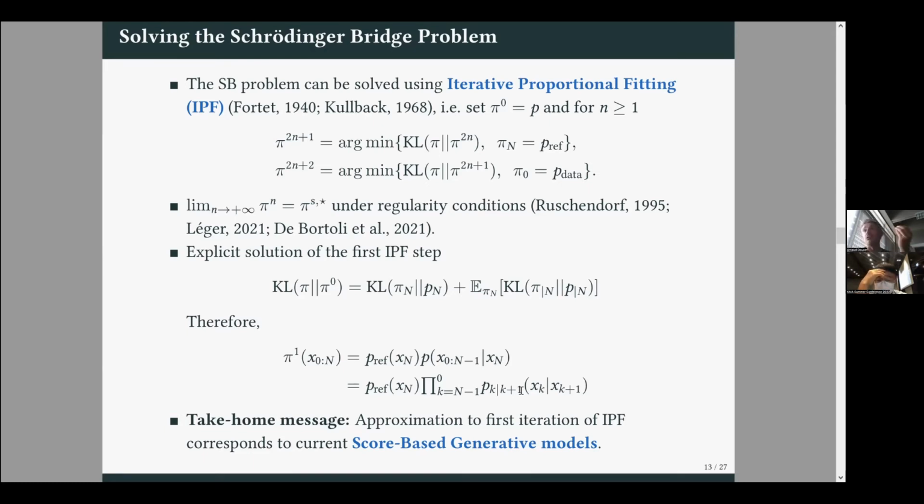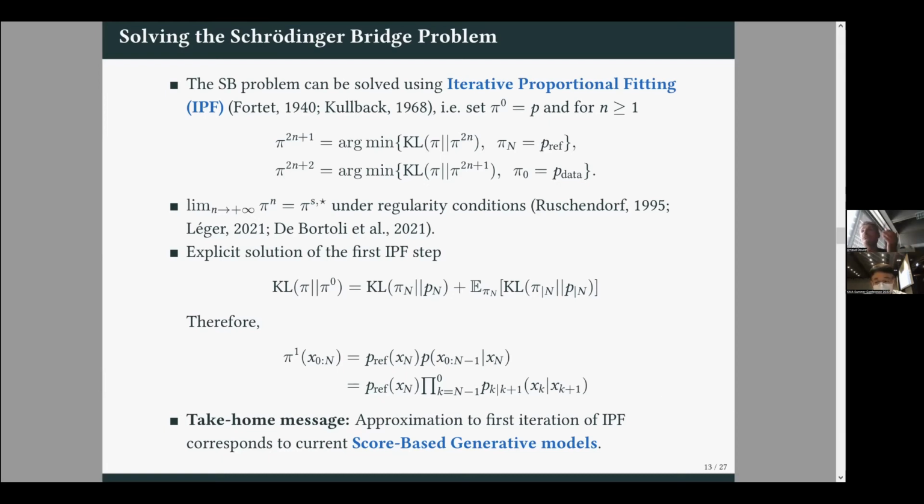Now, it may turn out that p_ref was already approximately equal to P_n, okay? If you had diffused according to P long enough that the marginal distribution at time n was approximately normal, you don't have to do anything, actually.